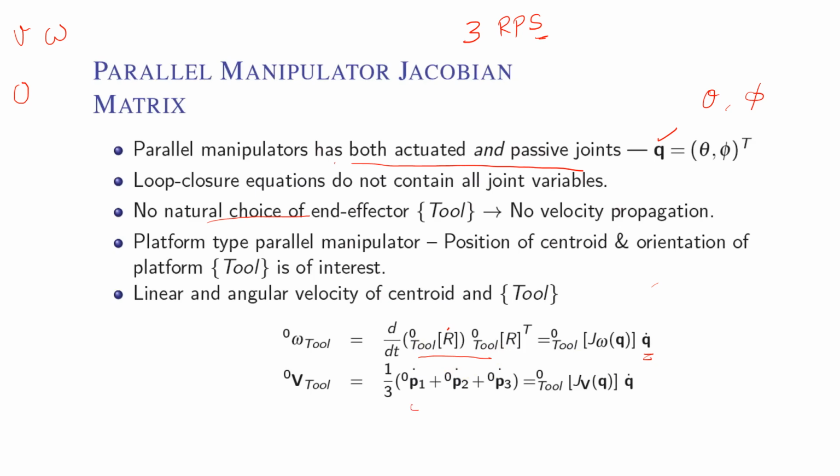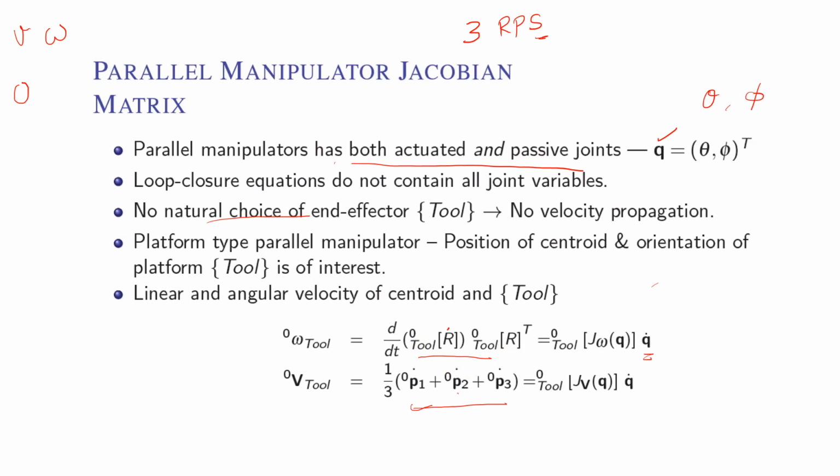In the case of 3 RPS, we had three connection points, that is, three spherical joints, and we can obtain the velocity of the centroid as the mean of all these three velocity vectors relative to the frame 0.